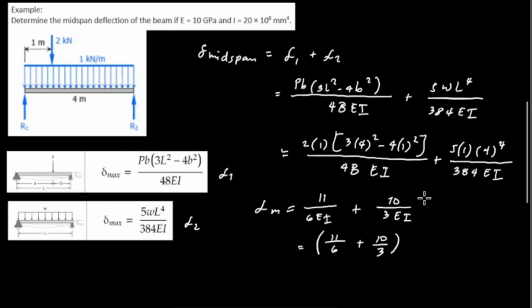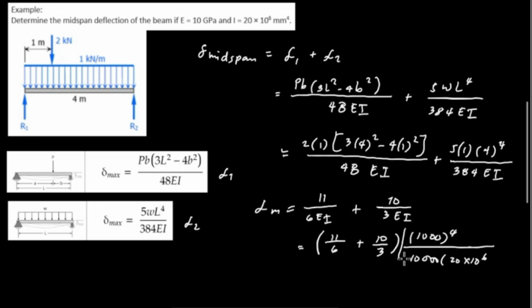Meter to millimeter, that's exponent 4, so that's 1000 to the fourth, and then we divide by the value of E. The value of E is 10 gigapascal, or 10,000 megapascal, so that's 10,000, and multiplied by I, that's 20 times 10 to the power 6 millimeter to the fourth, so that's 20 times 10 to the power 6.